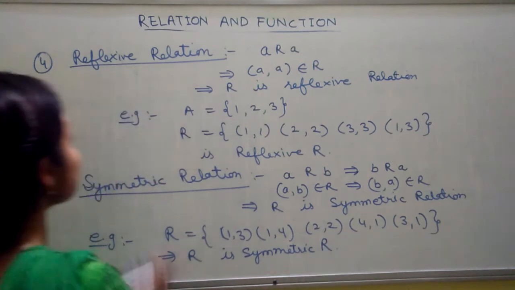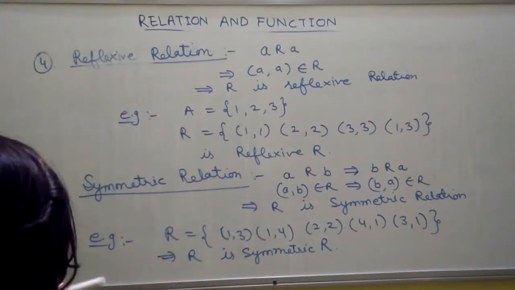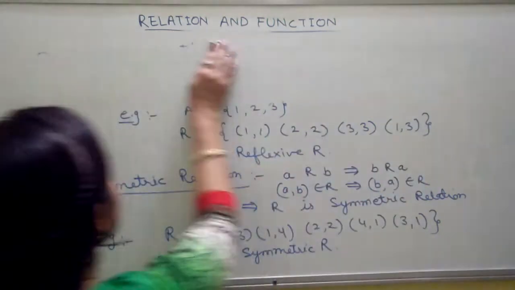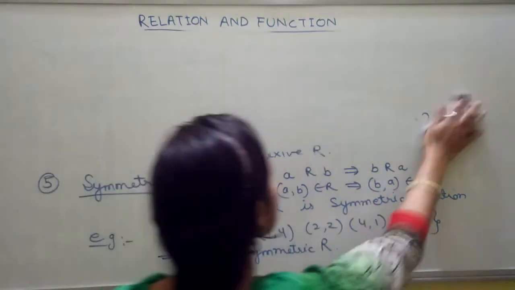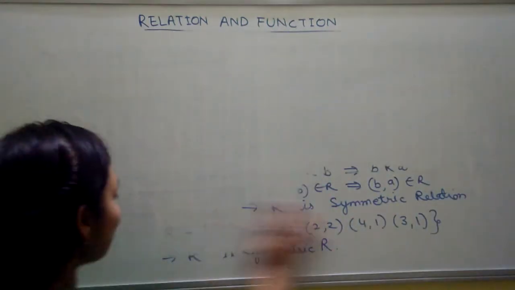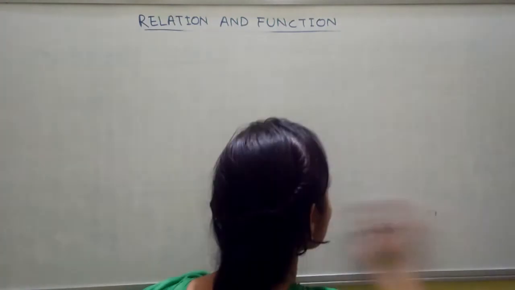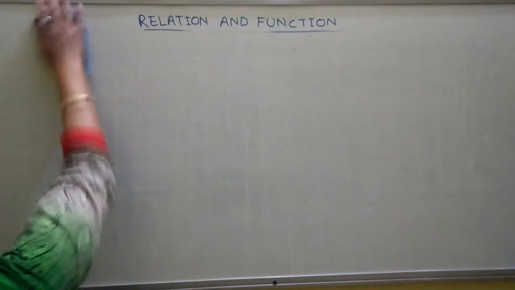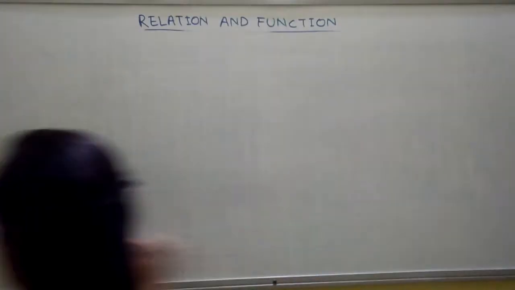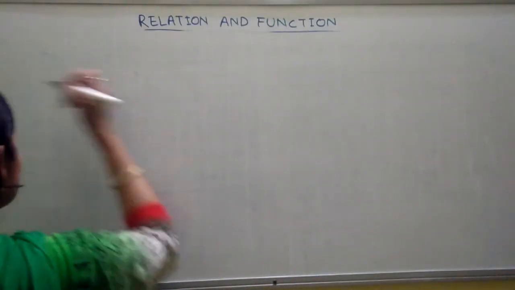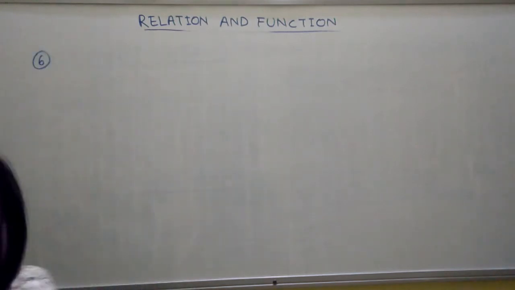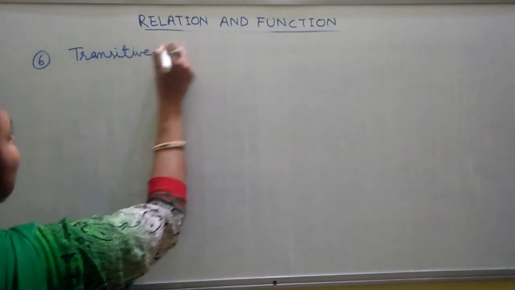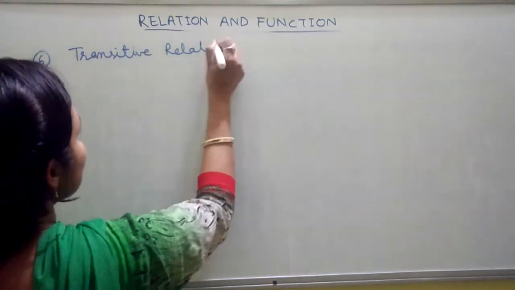Now come to the transitive. Transitive relation is also very important, and in that relation we have to take two terms to prove the third term. That is sixth, transitive relation.